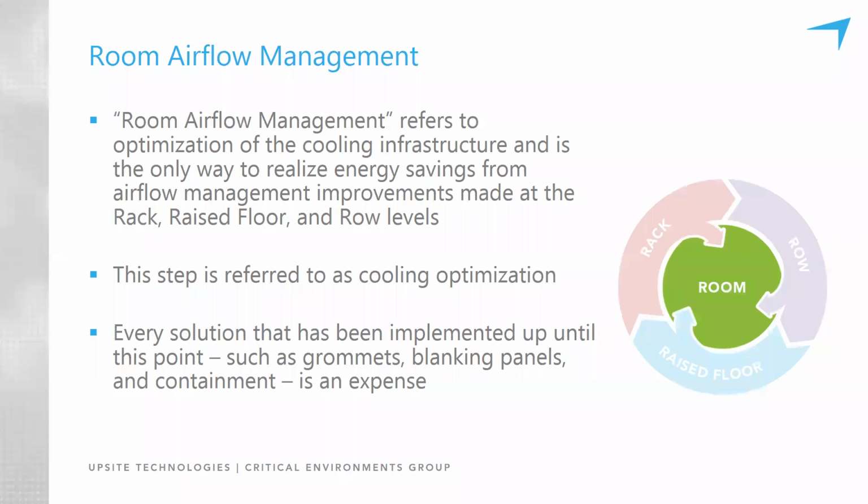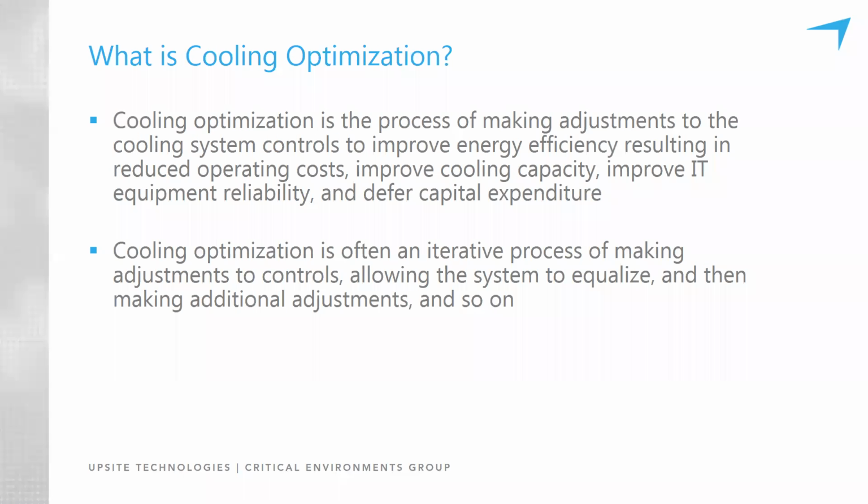So all those airflow management projects are likely an expense. They may improve intake temperature conditions to the IT equipment, but to that point, they are an expense. To realize those benefits, adjustments need to be made at the room level. So cooling optimization is the process of making those adjustments to the controls to realize the improvement in energy efficiency.